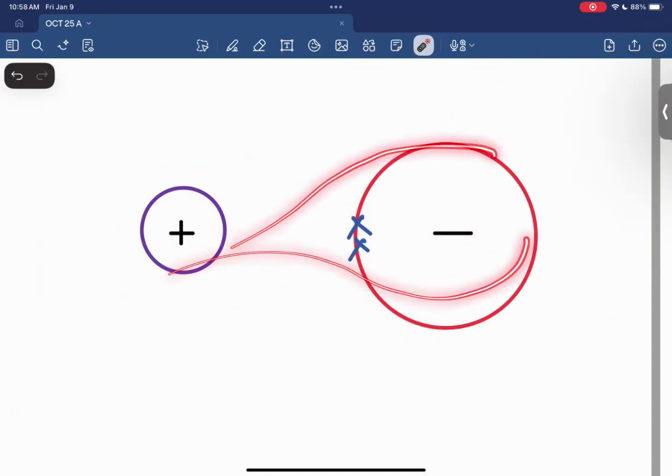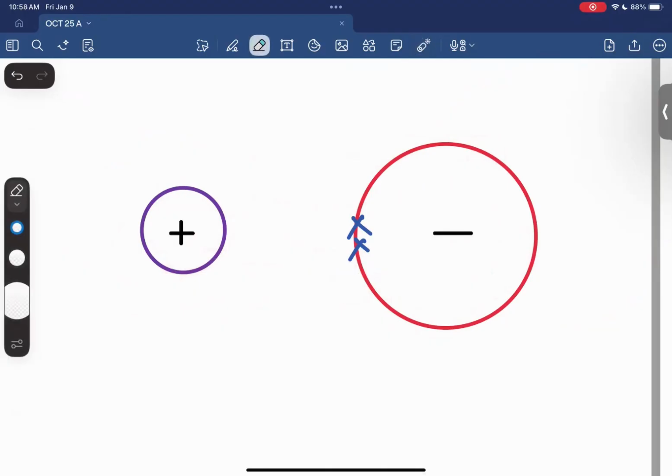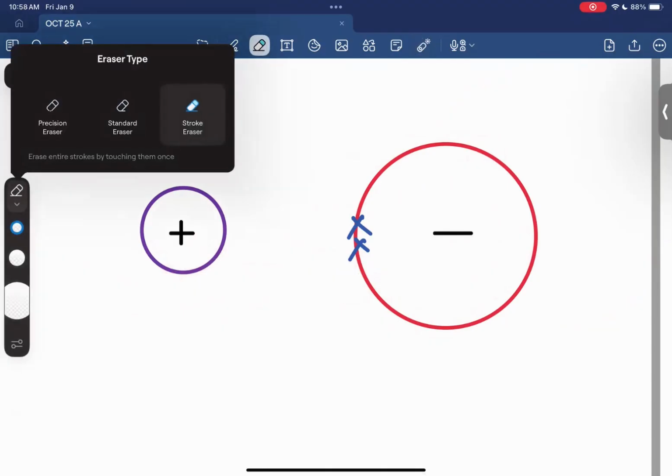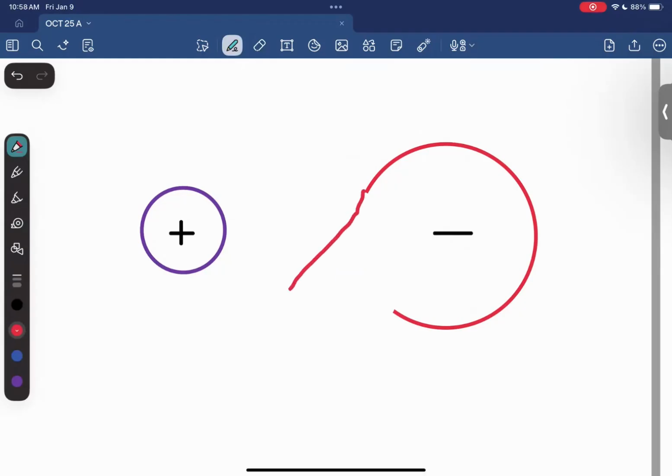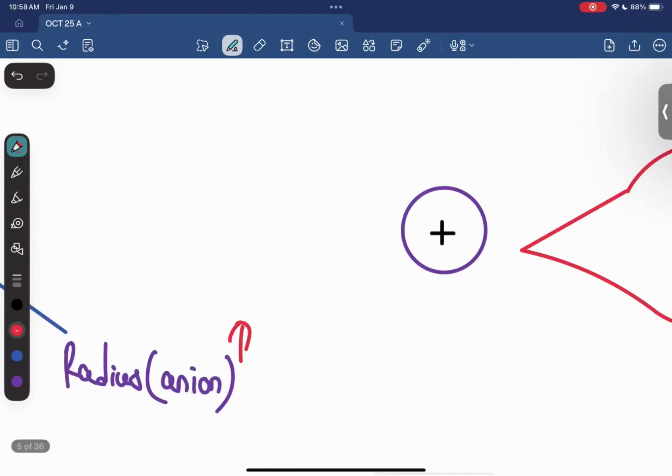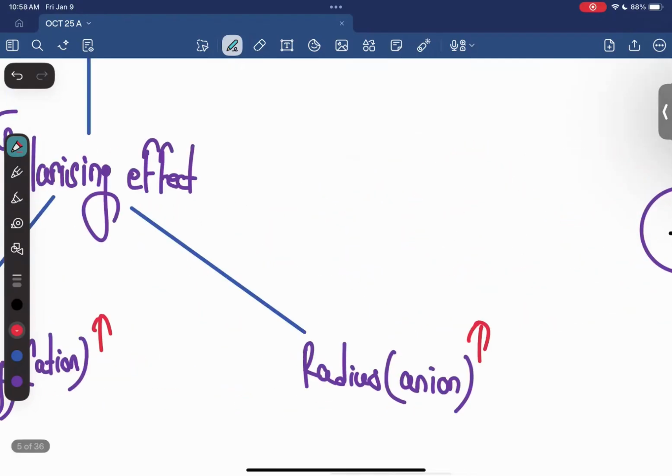So if I redraw this, it should look something like this. Now, these are perfect ionic compounds, right? So this is what I refer to as having an increased amount of covalent character.